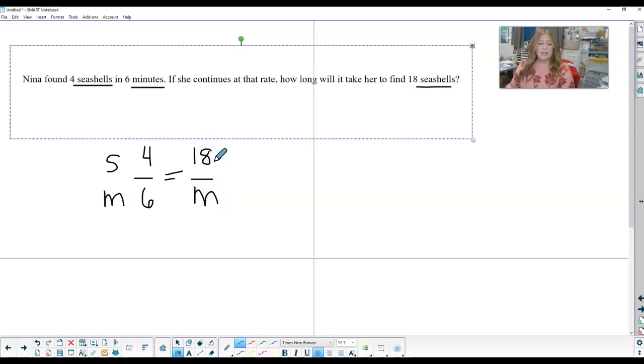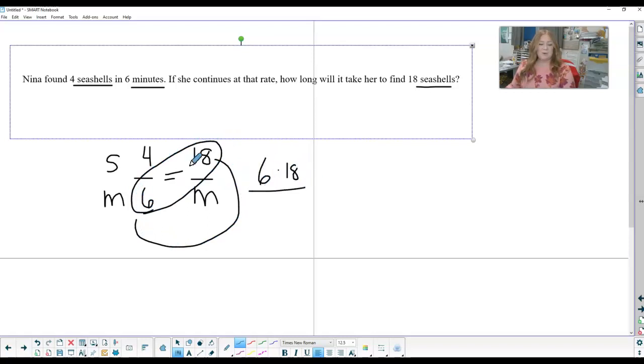I can also try and get m by itself. So I move this over here. So I'm doing 6 times 18. And then I'm going to divide it by 4 to get m all by itself. Or another way we can do that problem is I notice these can both be divided by 2.